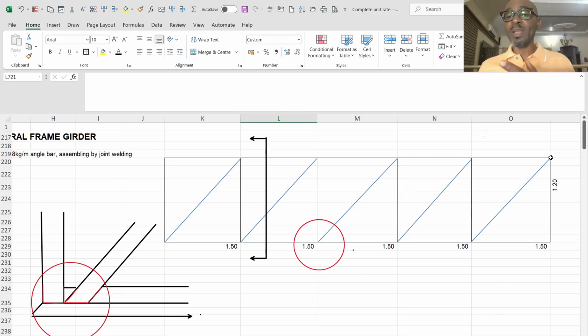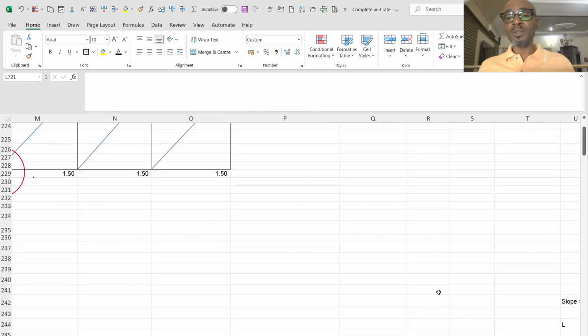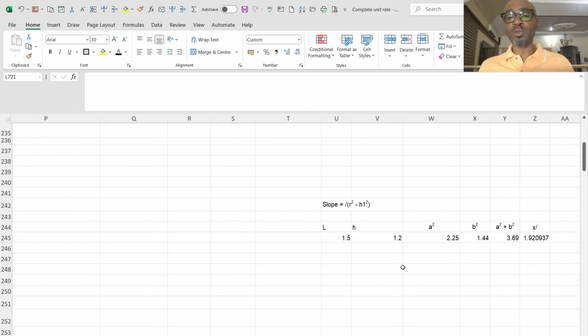We have five diagonal members, 6 vertical strokes, then 2 ties, bottom and top. The computation for the diagonal slope is this: the length of the bottom angle is 1.5, and since it is a right angle triangle, the height is 1.2. You square the base, square the height, then get the square root, which is 1.92.